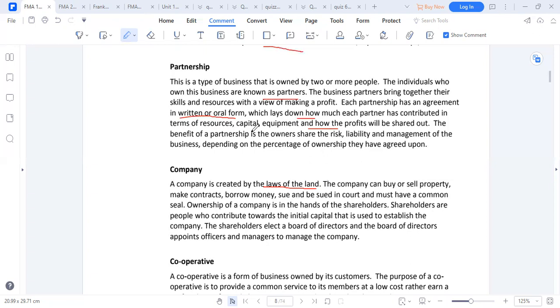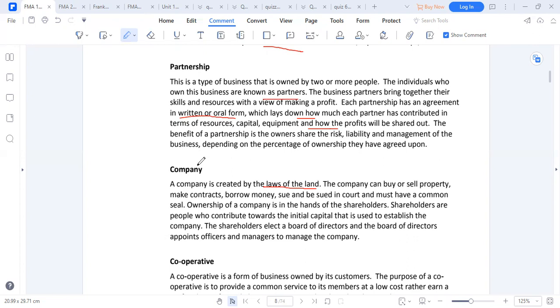So their veil is lifted in the sense that even their own household goods can be taken to pay the liability. The liability is the amount owed. And this also applies to a sole trader. They also have what we call unlimited liability.